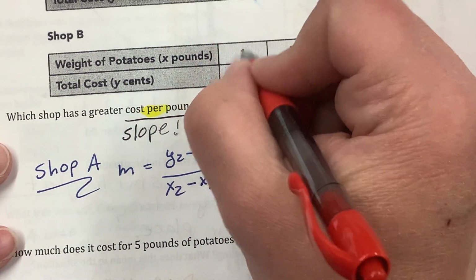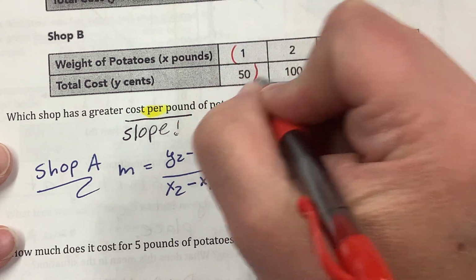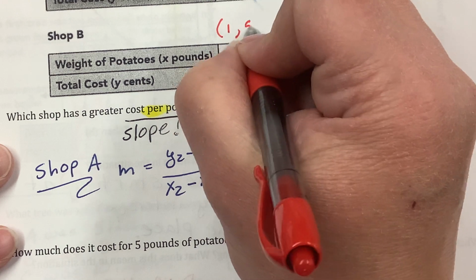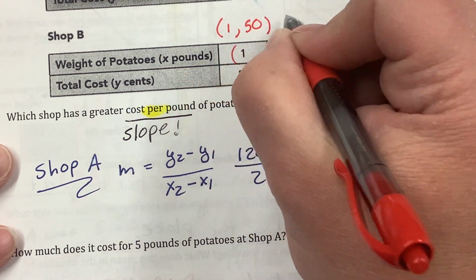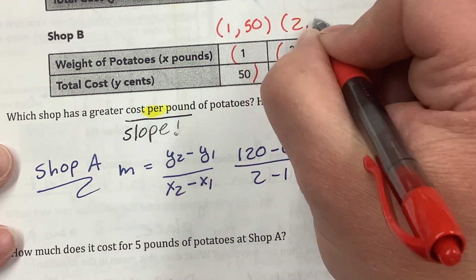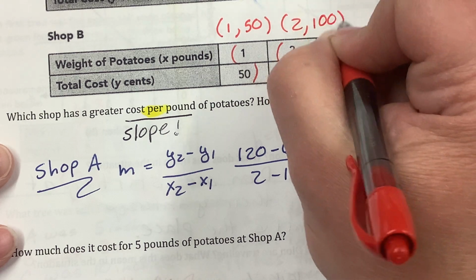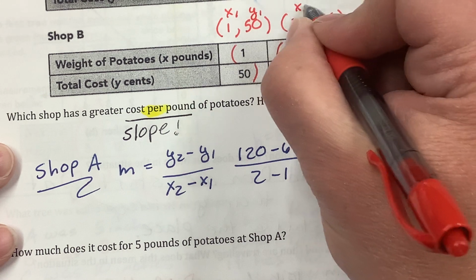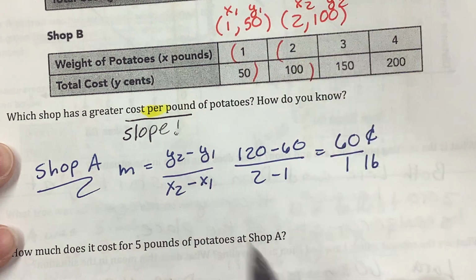And now let's look at shop B. I'll use this point and this point, (1, 50) and (2, 100). So here's my x1, y1, x2, y2.